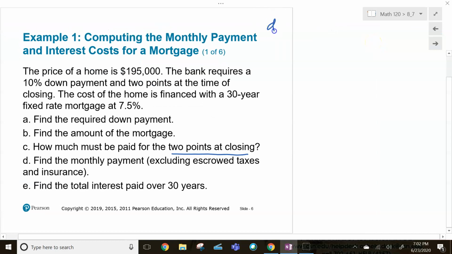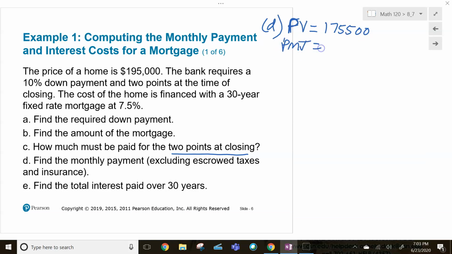So the payments, part D. Just like with the cars, the present value is how much your loan is for. So we're going to have a 175,500 loan. We're going to figure out the payments. We're going to hit this button right there.